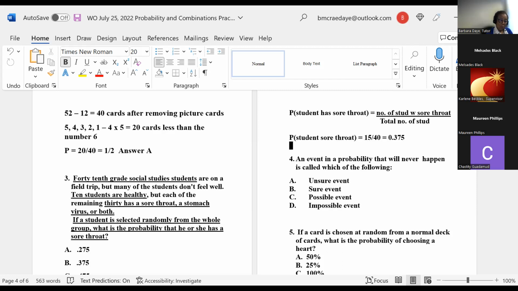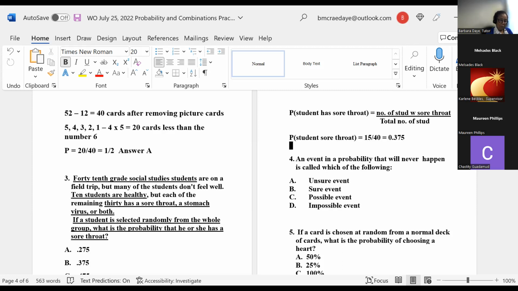And the total is 40, because that says from the whole group. So 15 over 40 is 0.375. So you use 15 to multiply 40? No, 15 divided by 40.